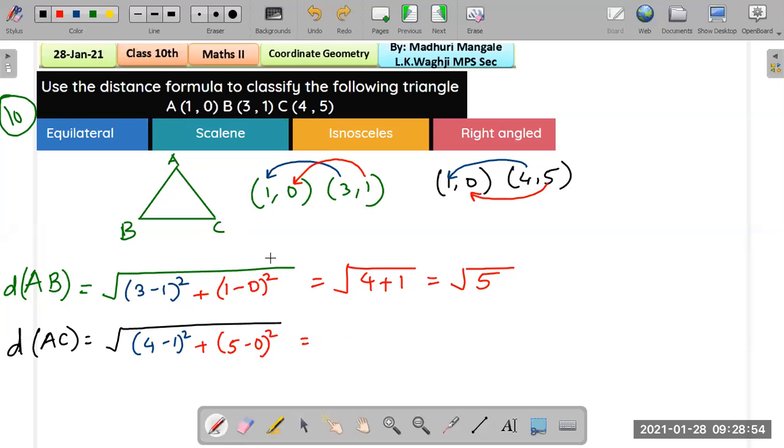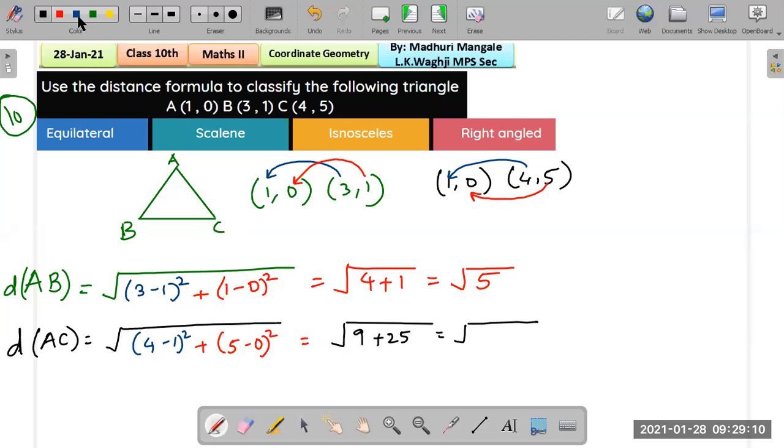Students, do try it out. I guess many of you must have already got the answers. 4 minus 1 is 3, 3 squared is 9, plus 5 minus 0 is 5, 5 squared is 25. So you'll get some value here.